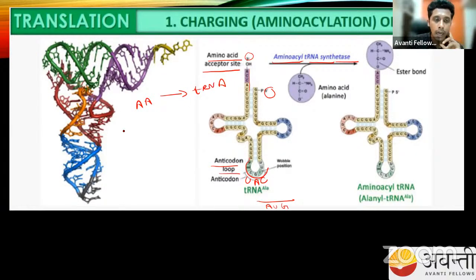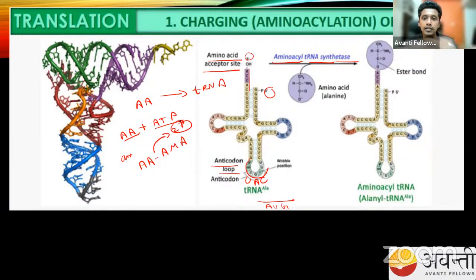Initially, an amino acid binds to an ATP molecule in the presence of aminoacyl tRNA synthetase. This enzyme helps in the attachment of the amino acid to the ATP. When the amino acid attaches to the ATP, it becomes amino acid-AMP, and it releases two phosphate molecules in the form of pyrophosphate.